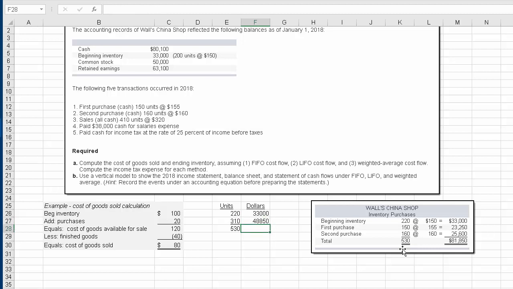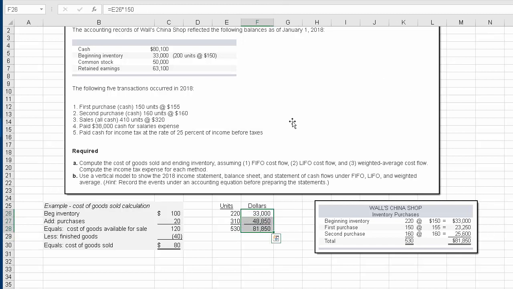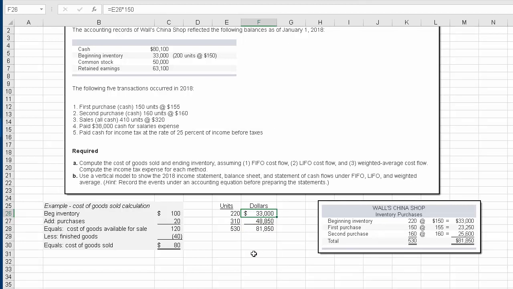Now when I sum those together, I'll use the plus command, and I get 81,850. Okay, now let's format this a little bit better. Put a dollar sign on that one. Okay. And then we need to complete this.